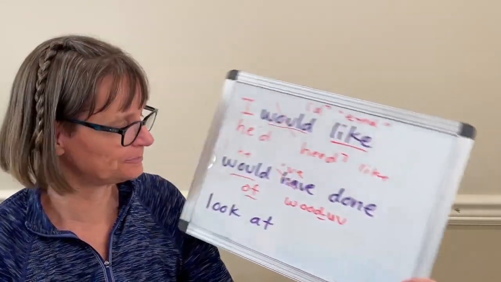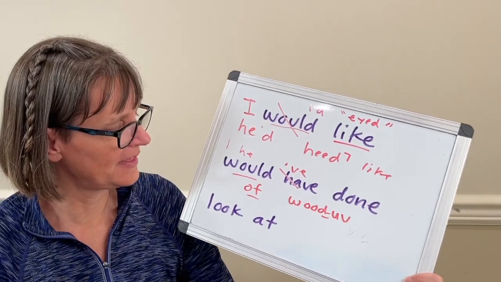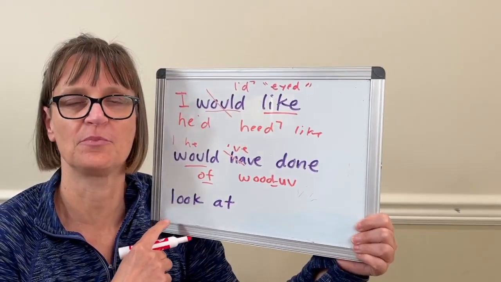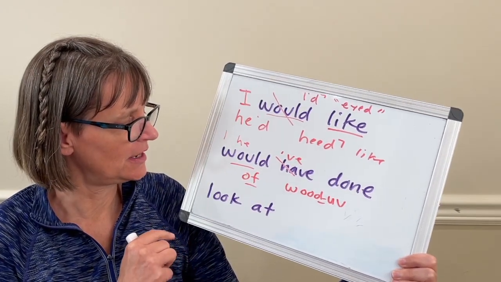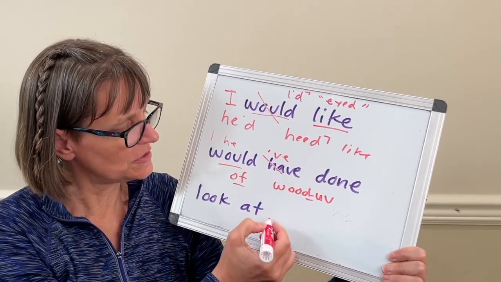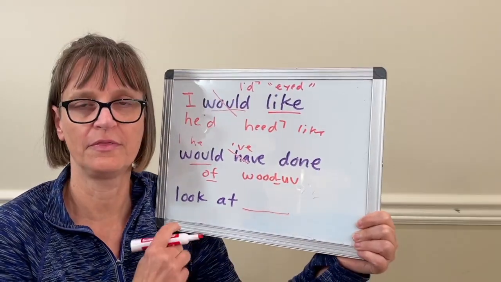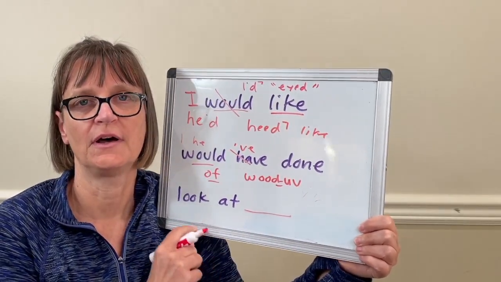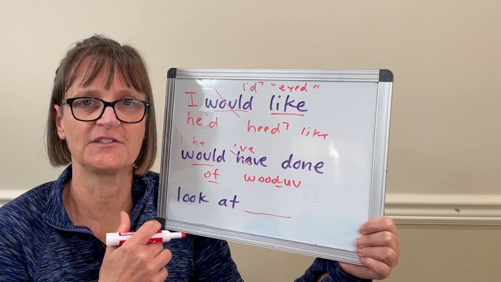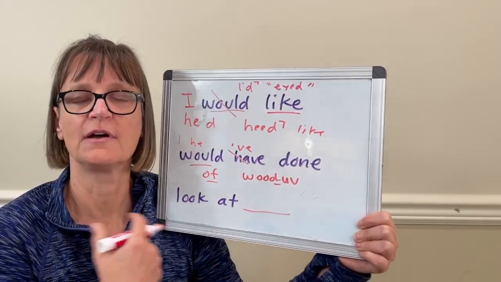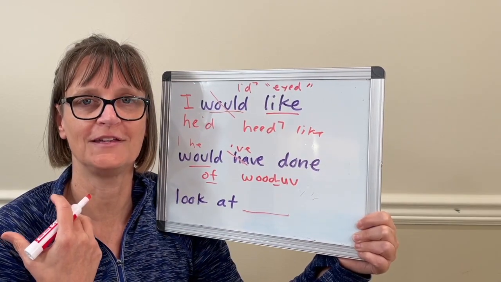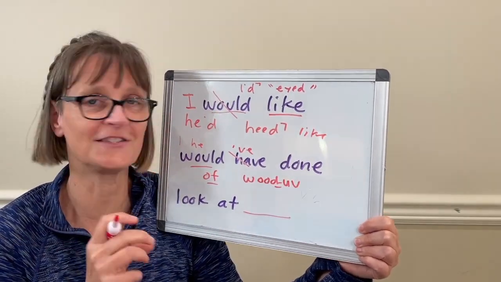And then the third thing that was requested was how we pronounce look at in fluent connected speech. And so usually that is not the important word. If we're saying we need something to look at, we're going to stress on look. I need to look. I need something to look at.